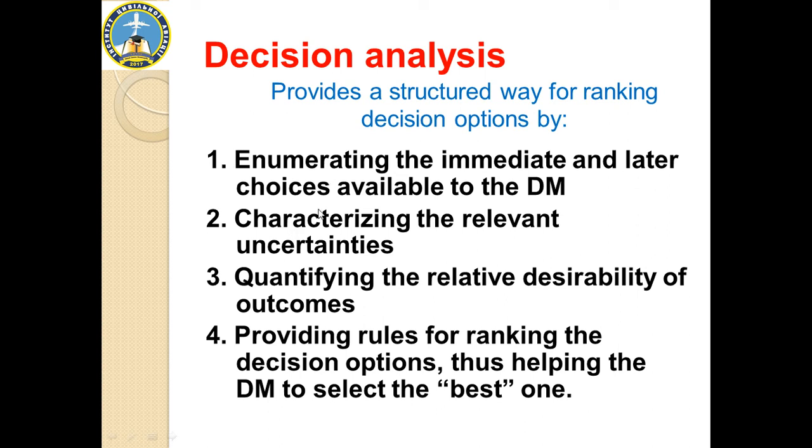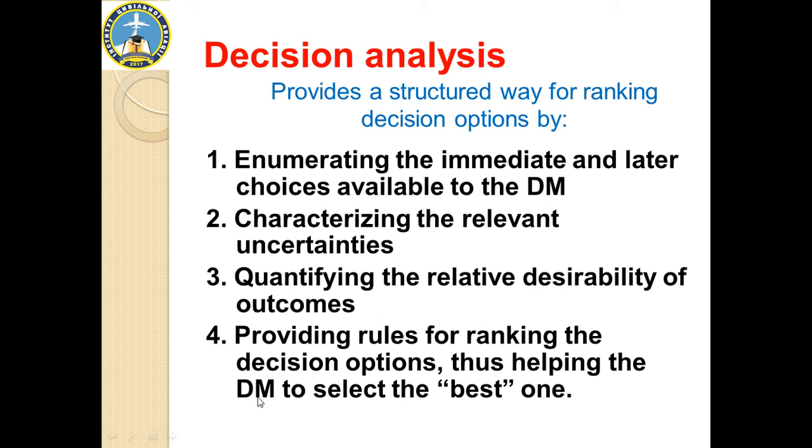Second, we characterize all the relevant uncertainties. Third, we quantify the relative desirability of different outcomes. Fourth, we provide rules for ranking the decision options, thus helping the decision maker to select the best option. The best option. How do we do this?